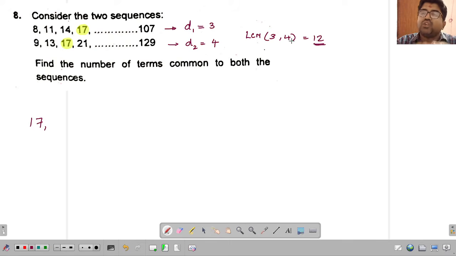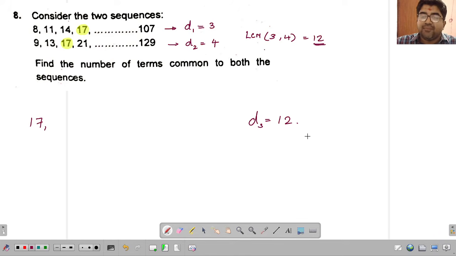Consider that you are going to write another sequence that comprises only those common terms which are there in the first sequence and in the second sequence. Like that, if you write such a sequence, it will have a common difference. I write it as D3, that is equal to 12.